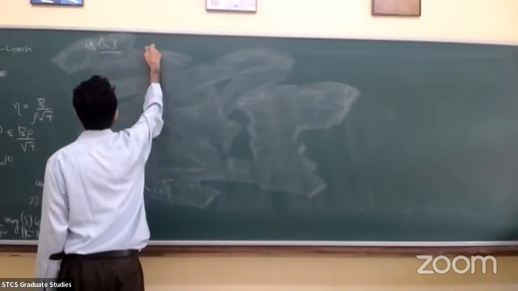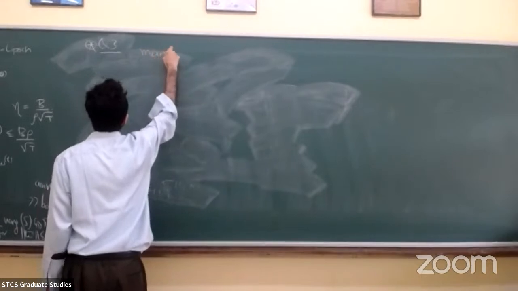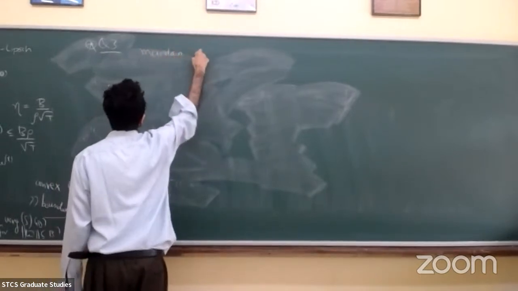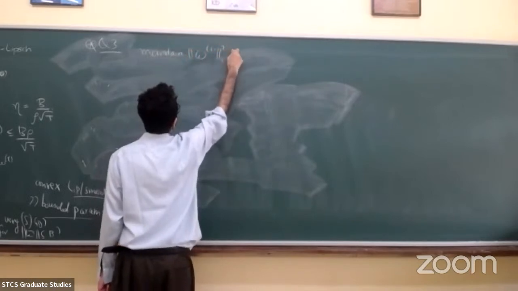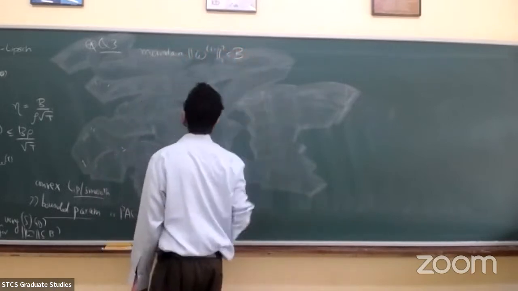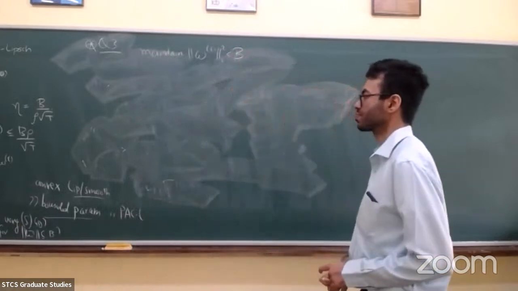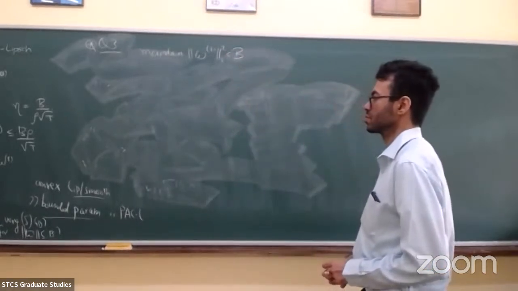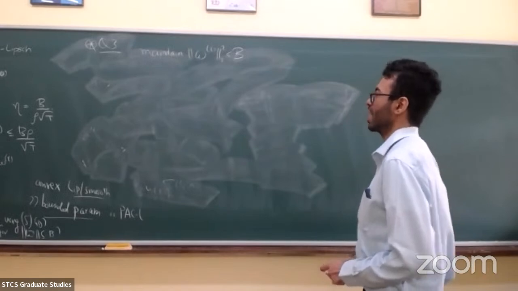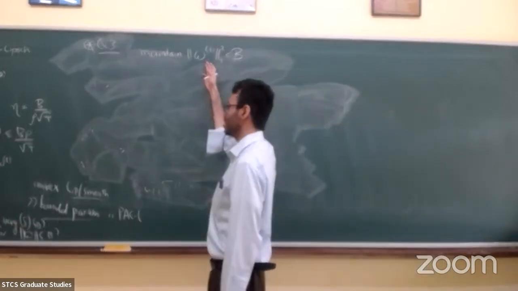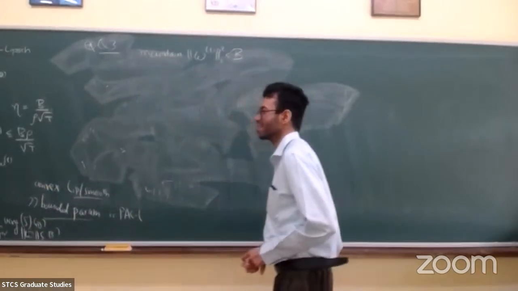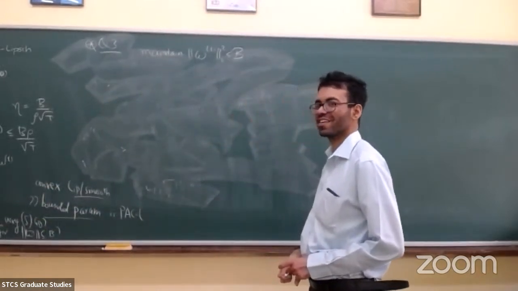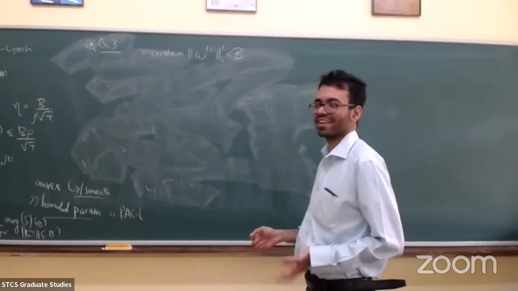I will maintain that each of these WTs has norm at most B. If I do this, then it's clear that W bar has norm at most B. Why?